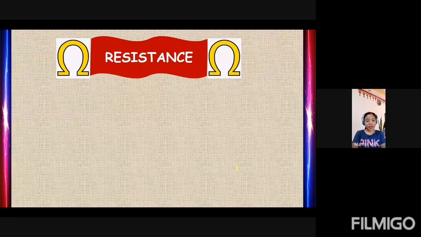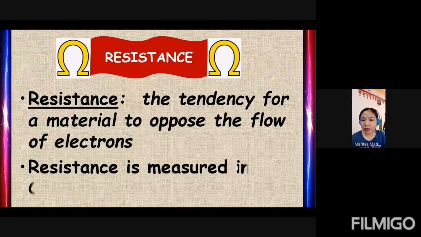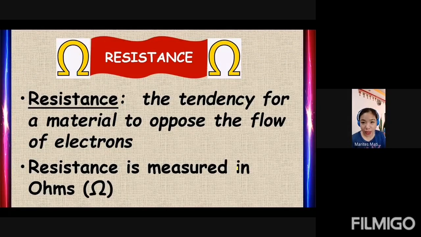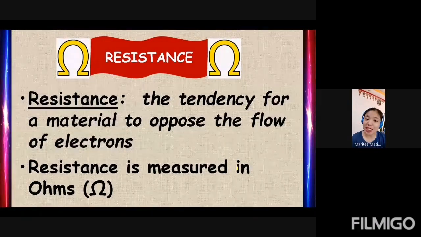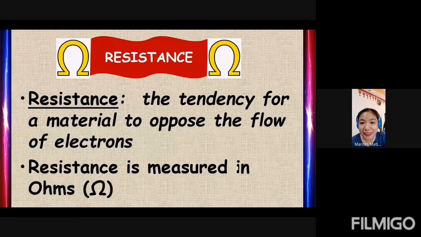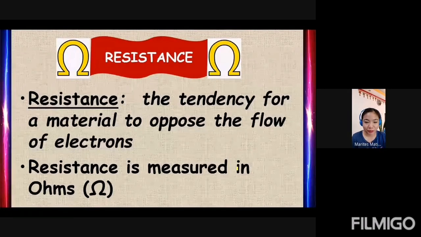Okay? So, resistance, that's the tendency naman for a material to oppose the flow of electrons. Ayan, so, kumbaga, kung sa force sana, siya naman si friction. Right? Sa electricity, siya naman si friction. Bakit? Siya yung nag-o-oppose dun sa flow of electrons. Okay.